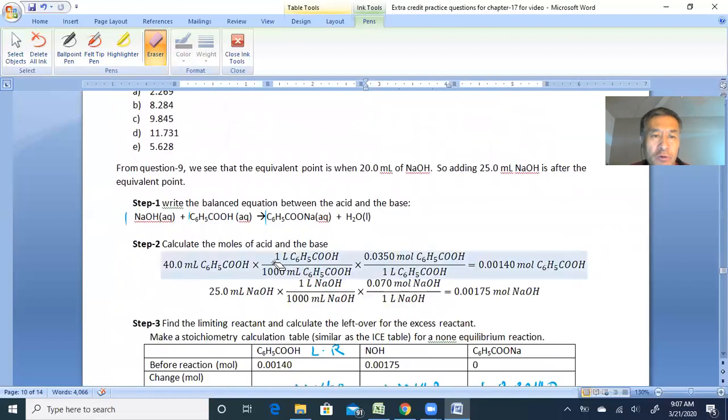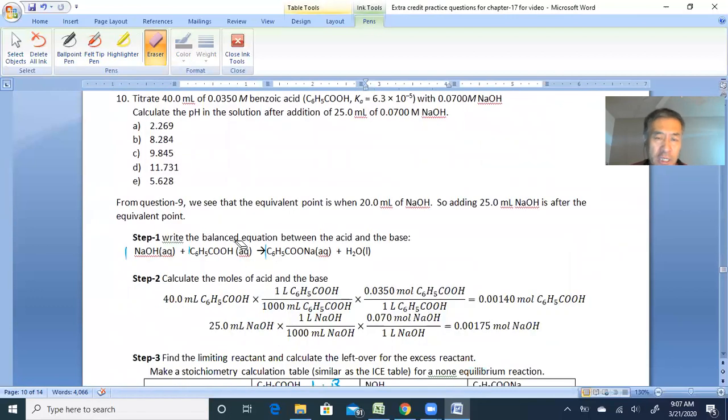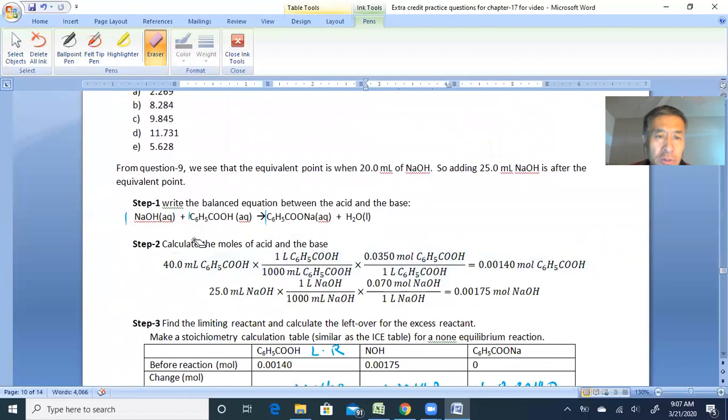So what we do is follow a similar process to what we did in question number 8. We write the equation between the base and acid, which produces a conjugate base. Then we calculate moles of the acid and moles of the base.